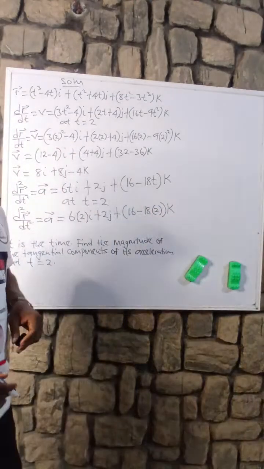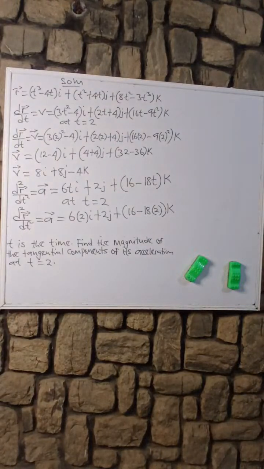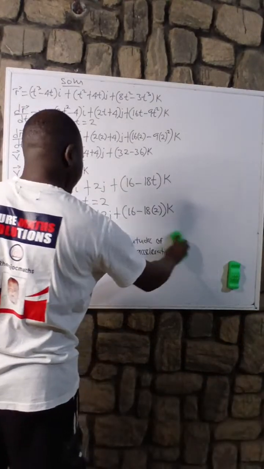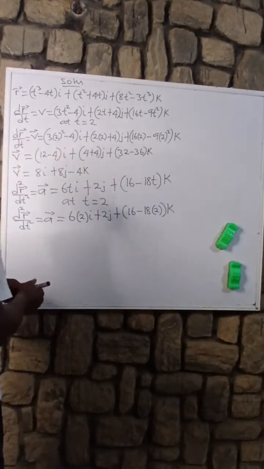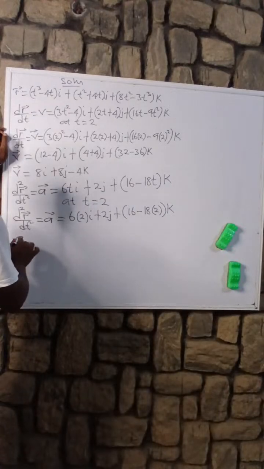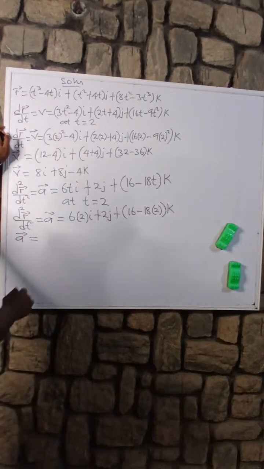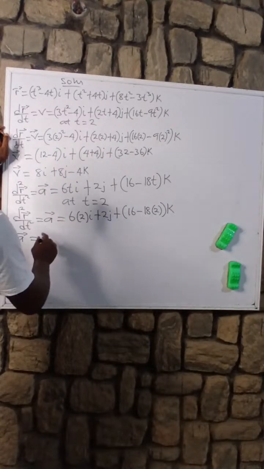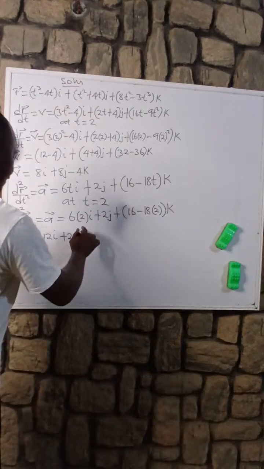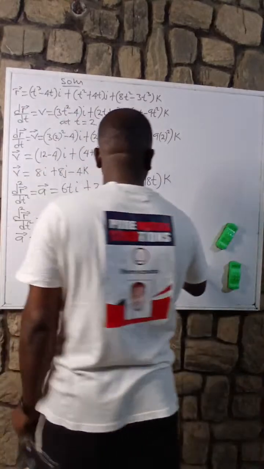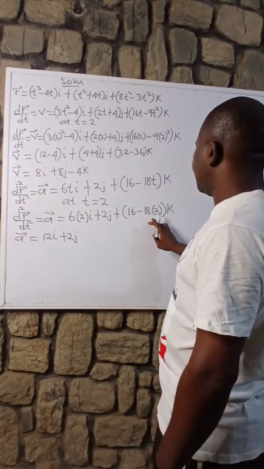True or false? Are you following? Let us proceed further. Our acceleration will now be equal to 6 times 2, 12i plus 2j. Then here we are going to have 36, right? True or false?